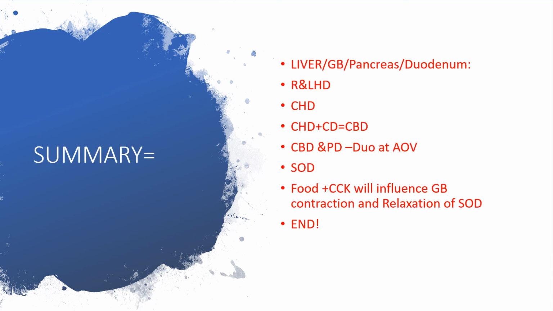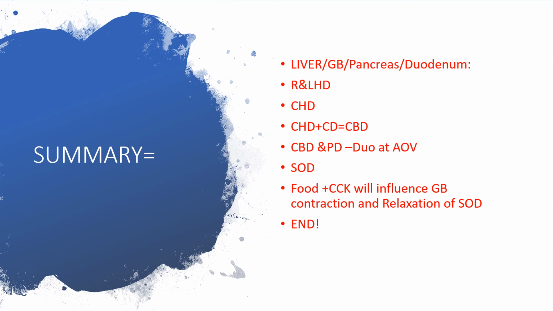In summary, we can put everything I've been saying before now into this, that from the liver and gallbladder, the pancreas and duodenum, we can complete the entire presentation by having right and left hepatic ducts forming the common hepatic duct.